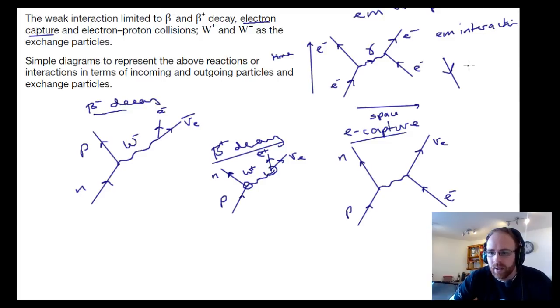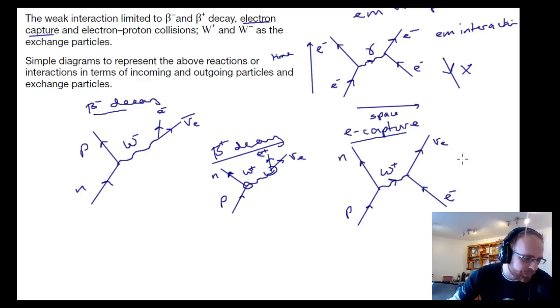So we can't have things going backwards in time in this course. So here we have an interaction. We're going from positive to a vertex here, so we have to have a positive thing coming out. That's going to be a W plus because it's a weak interaction.